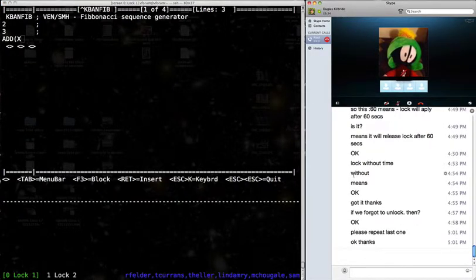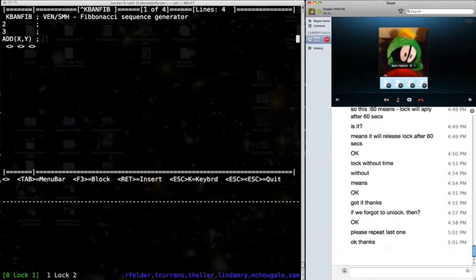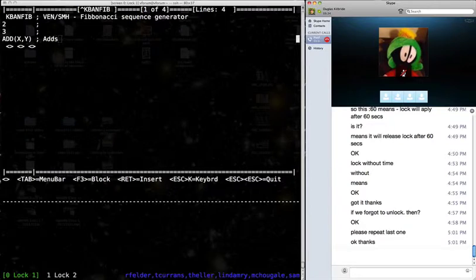So let's make an entry point called add x and y. Remember that to make an extrinsic function, you have to use the quit with an argument. So z is x plus y, quit with z.